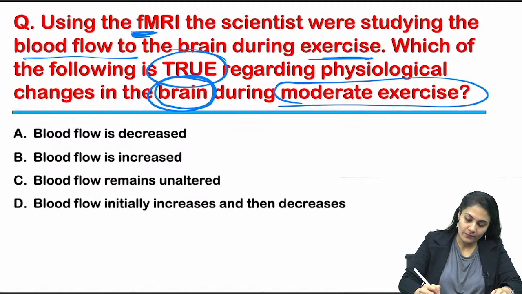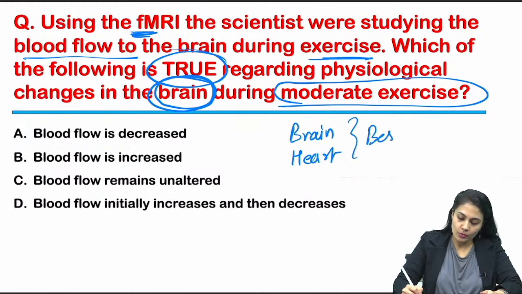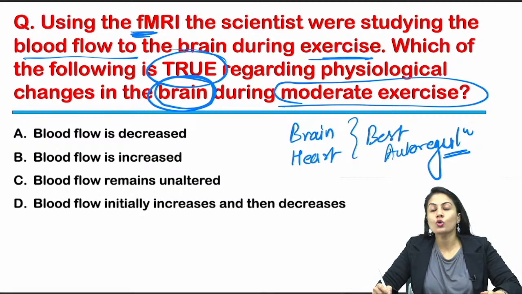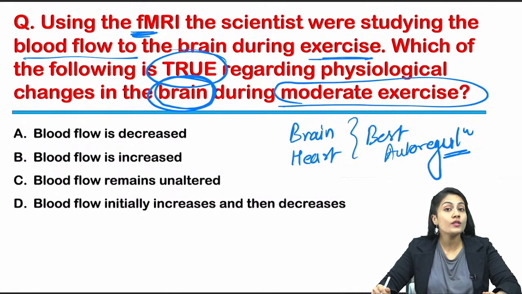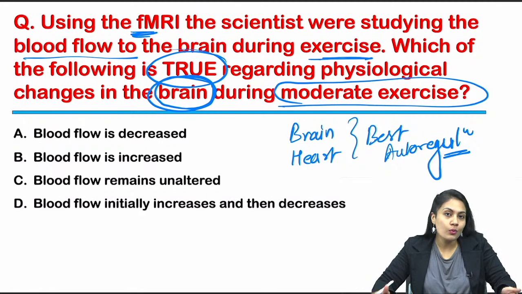Why? Because the brain and the heart both show the best autoregulation. No matter what happens, they are going to maintain their blood flow constant. It is kind of a tricky question, right? They want to know whether you know the concept of autoregulation or not.